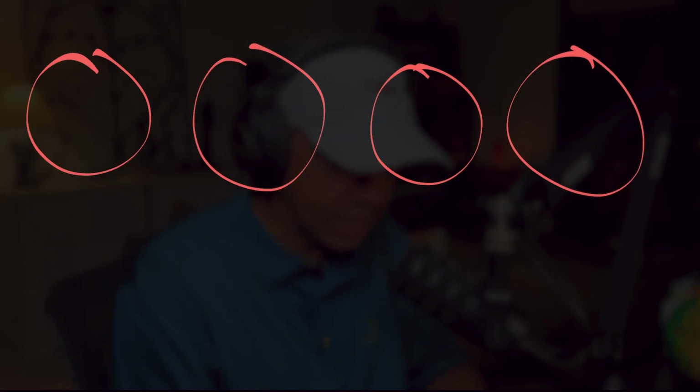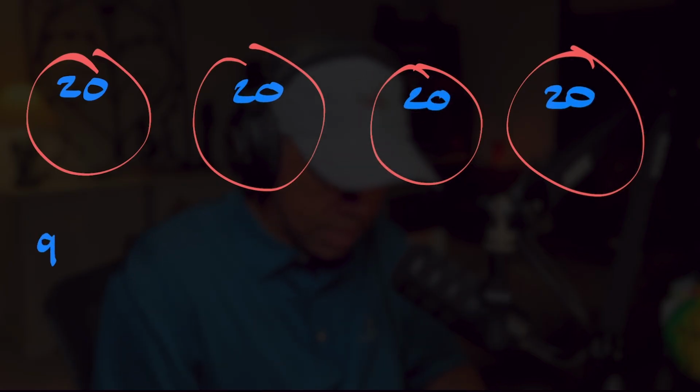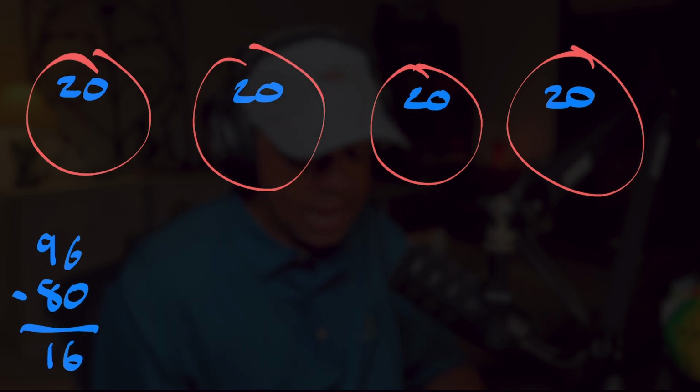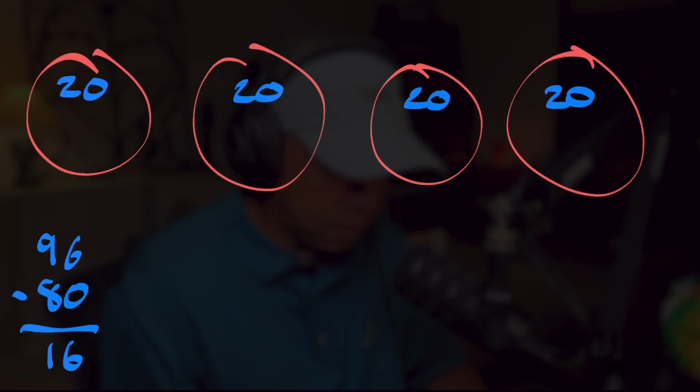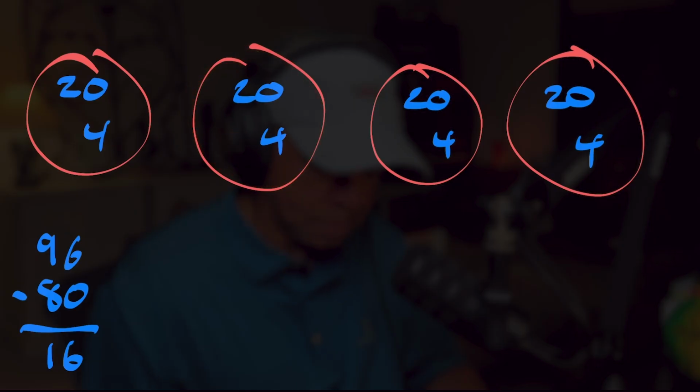My dividend is 96. I'm going to go 20, 40, 60, 80. 96 minus 80 is going to be 16. And I have to place 4 groups. So that's 4, 4, 4, and 4, making 16. If I get the sum in each of those, I have a sum of 24.